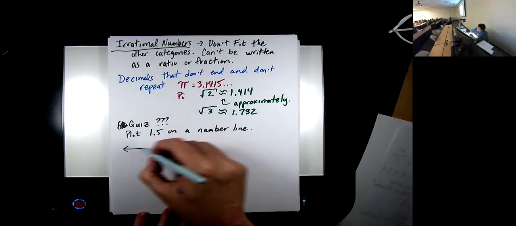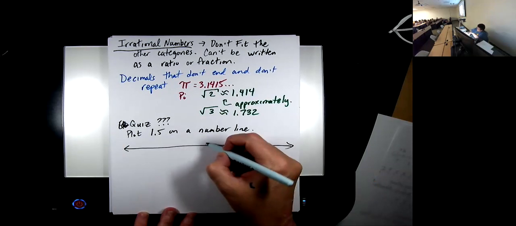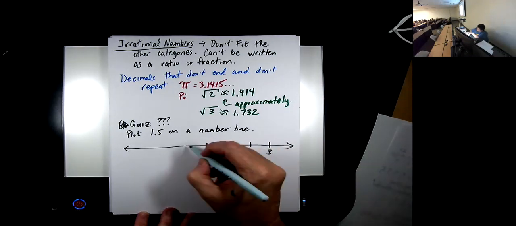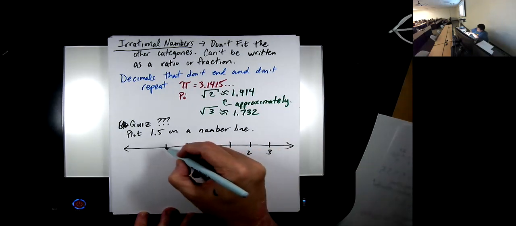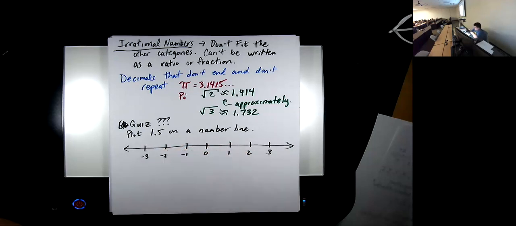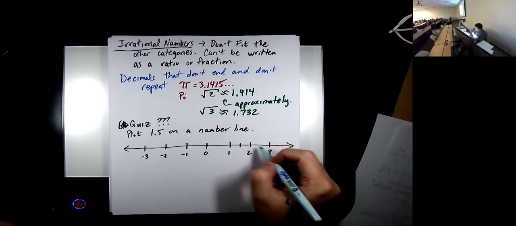They'll give you the number line, and what they want you to do is just click the dot where it goes. They might have little hash marks in between to mark the halfway marks.